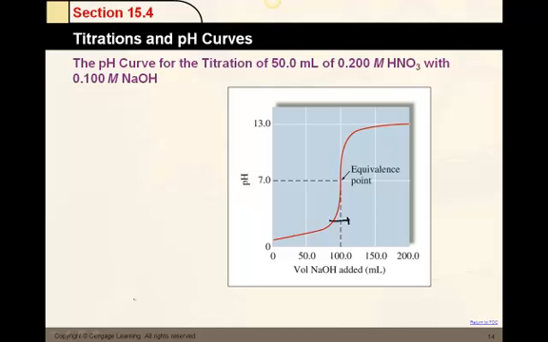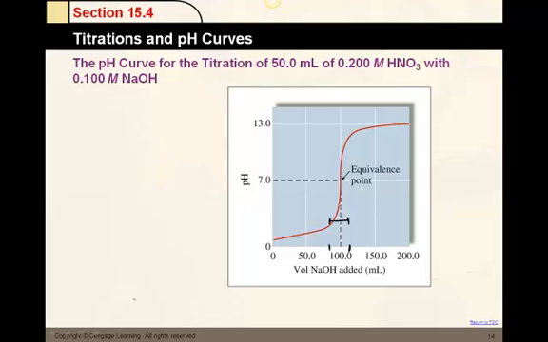In other words, from this amount of titrant to this amount of titrant, NaOH in this case being added, the pH changes by a huge amount. The equivalence point in this example is 7. And you can tell from the picture, because the curve is so sharp and goes up so quickly, it must be a strong acid and a strong base.